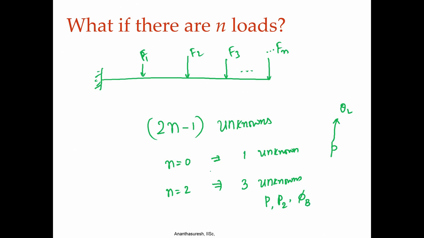So, when you have more loads, you will have more and more unknowns, but what is interesting is the differential equation originally was converted to an equation in 1 variable. If there are 2 loads, then it becomes 3 unknowns, eventually it becomes 2n minus 1 unknowns. It is a very efficient way compared to finite element analysis.